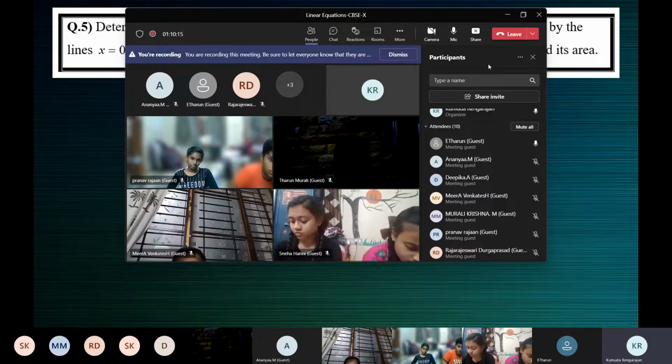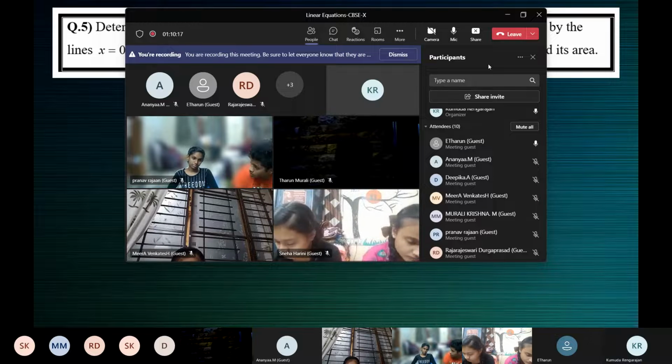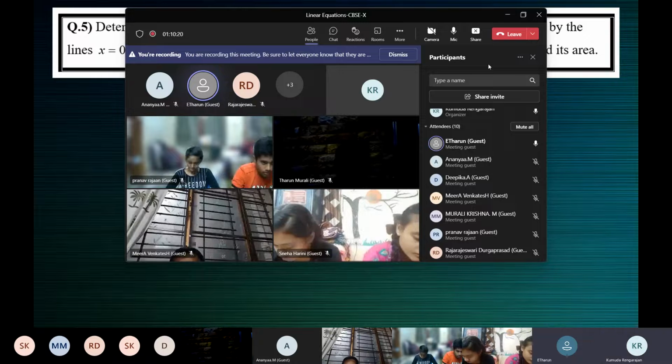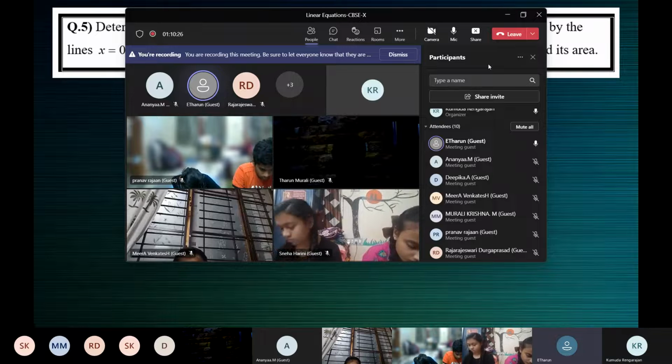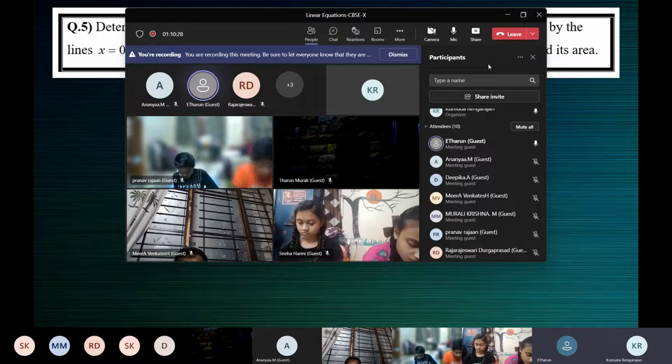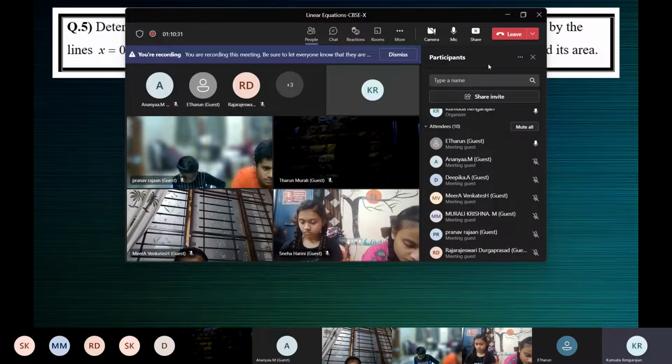Take a picture of your graph and share it on WhatsApp with me now. Yes, ma'am. You can do it even if you're on the mobile. You can take a picture. You will not leave the meeting. Take a picture of your 4th and 6th graph and share it on WhatsApp right now with me.